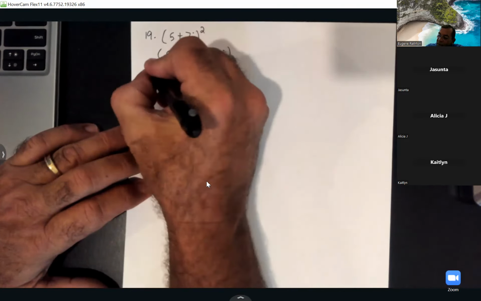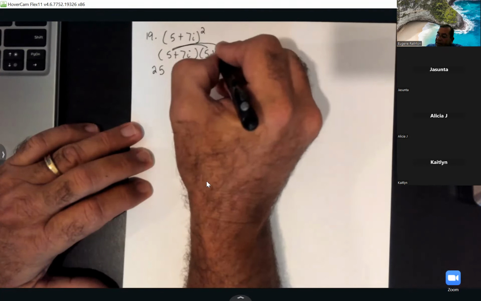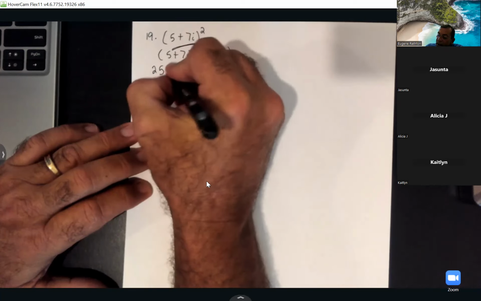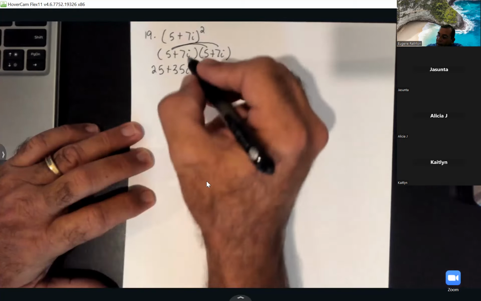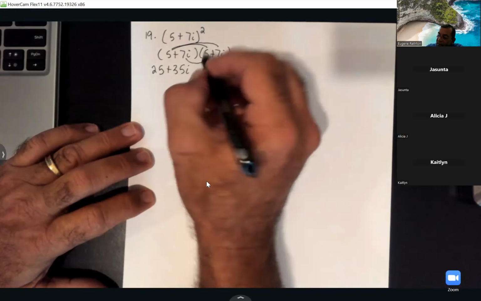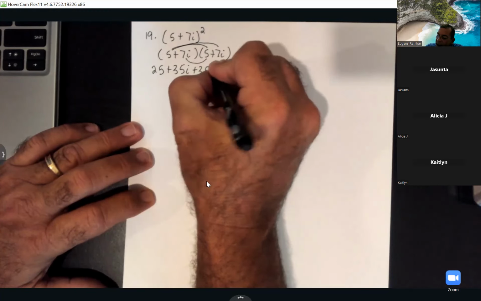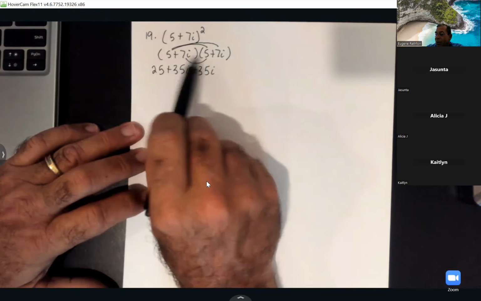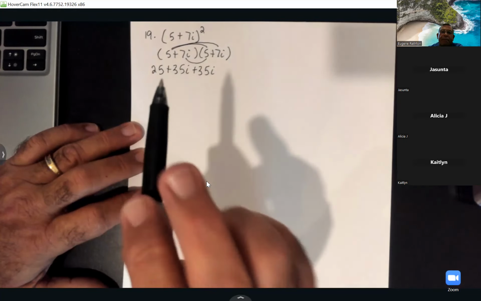5 times 5 is 25. 5 times 7i is a positive 35i. Then you do that 7i times 5, you get another positive 35i. So when you foil the squares like this, the two middle terms always match up.